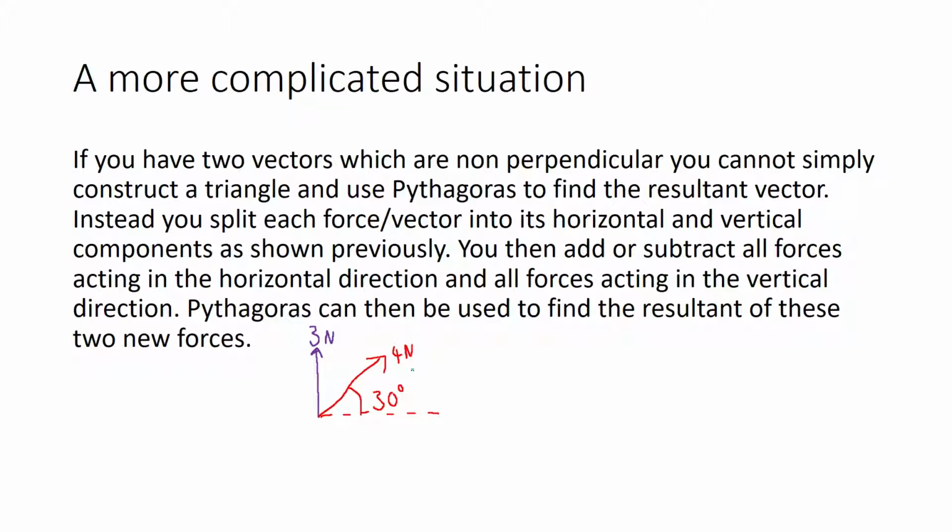You split each vector into its horizontal and vertical components. So this one is already acting vertically, so I don't need to split that at all, but this one is acting at 30 degrees from the horizontal, so I'm going to need to split this one into its horizontal and vertical components, because every force that acts at an angle will have two different components that make up the force, horizontally and vertically, and that's exactly what we're going to find.